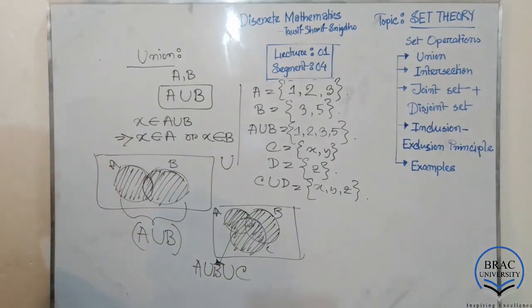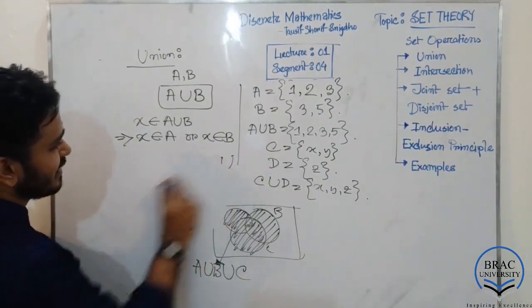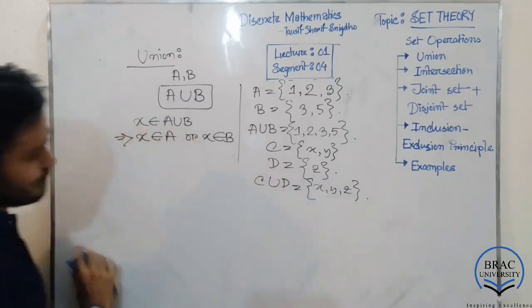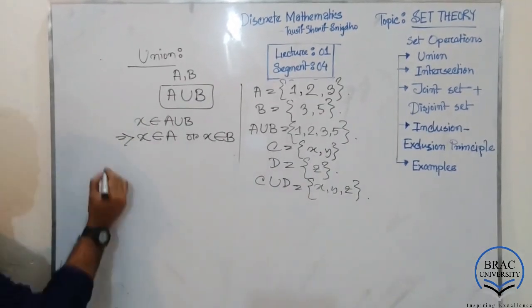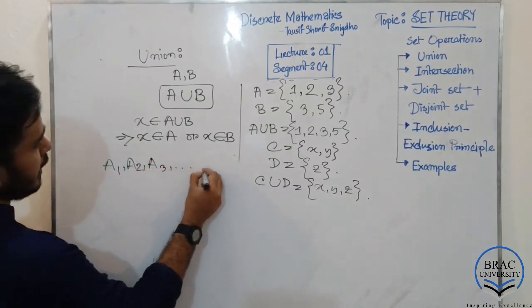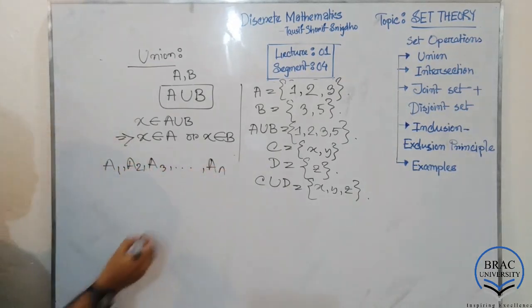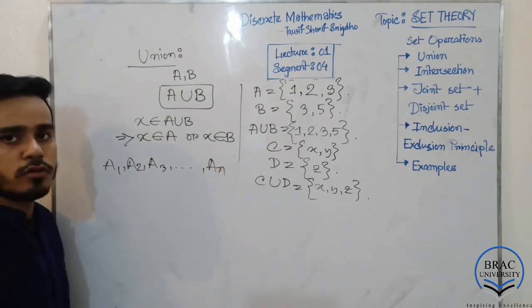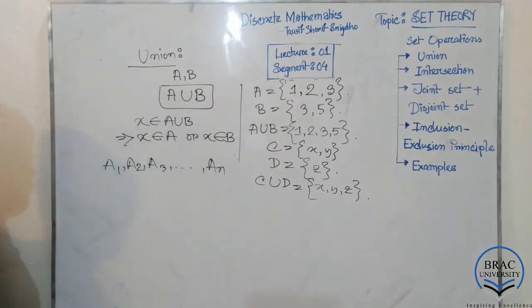So now we know a lot about union. What about if there are multiple sets like A1, A2, A3 and till AN? How do we denote the union of all of these sets?